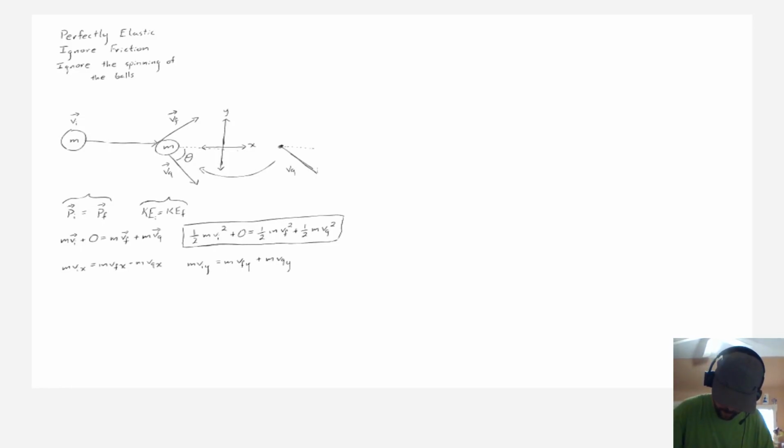This would be the vertical axis. That's a right angle. So for the velocity vector of the 9 ball, this is velocity 9y, this is velocity 9x, and our angle, theta, right here.